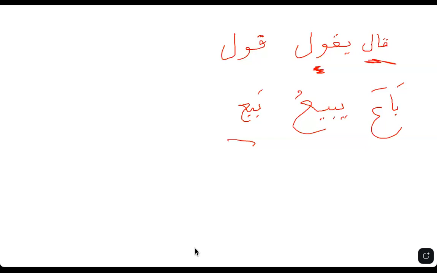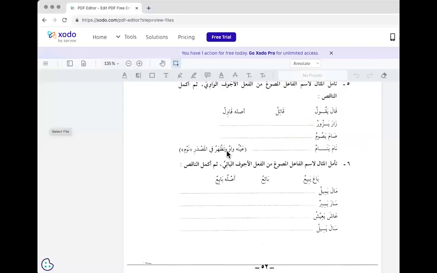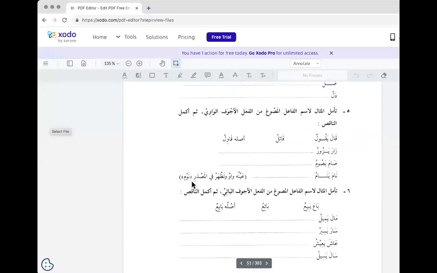Okay, let's go back to the actual exercise. Now look at the example that they gave.